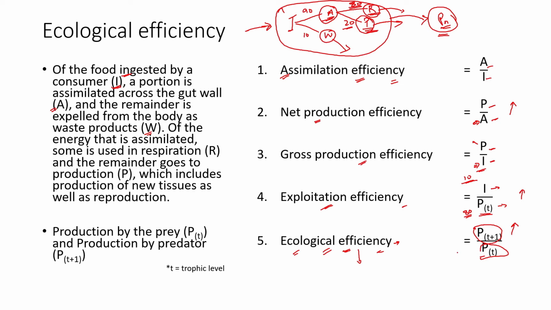Equilibrium doesn't mean being the same, but the prey needs to produce an amount of energy which can satisfy the predator. If the prey is producing less energy, then there is no point of eating that prey. So that is the major idea of ecological efficiency: how efficient is consuming the prey.